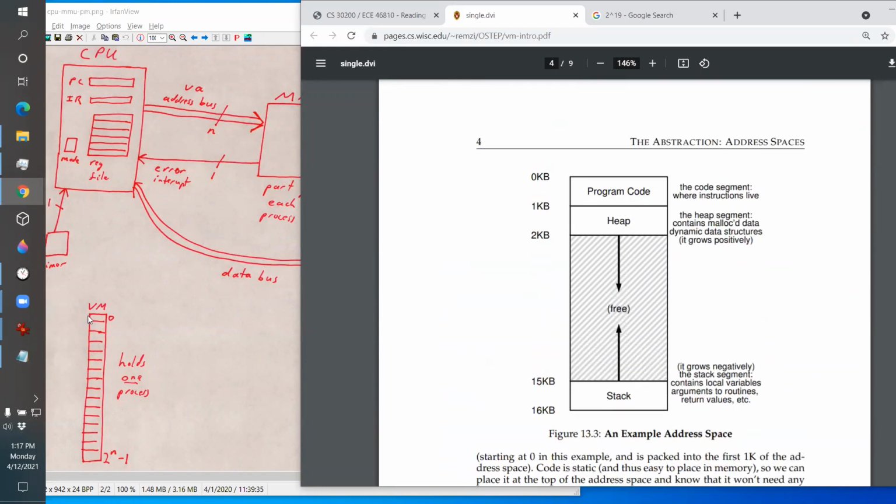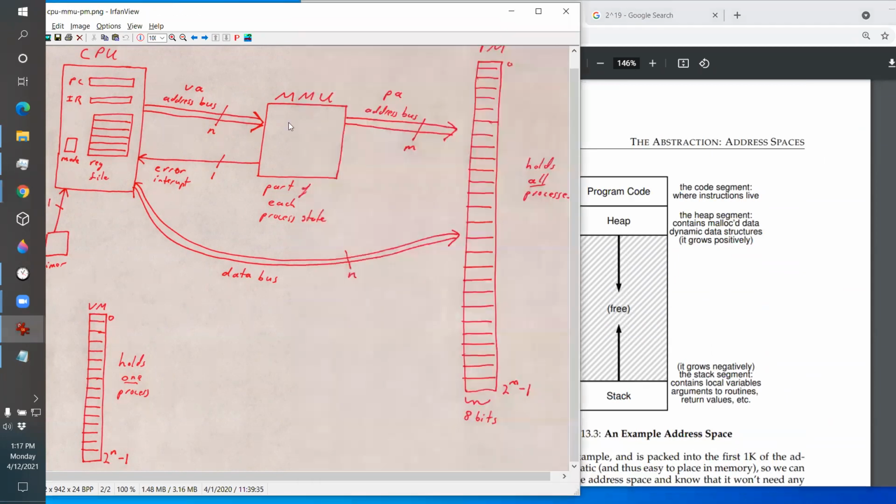The CPU only sees a range of addresses from 0 up to 2 to the n. In this picture, I do it in a general way. The CPU sees addresses that are n bits wide. In his example, n was 14 bits and m was 19 bits. Okay, the CPU sees this virtual address space. Virtual address 0 is where addresses begin.